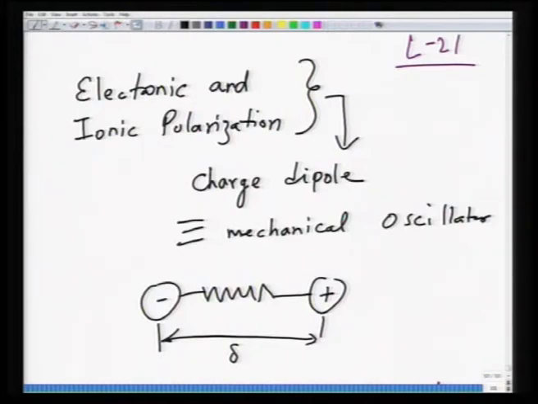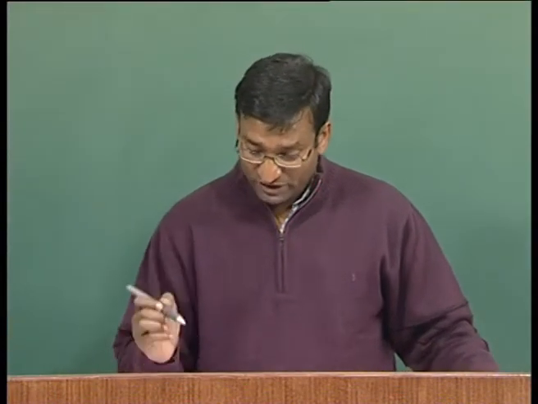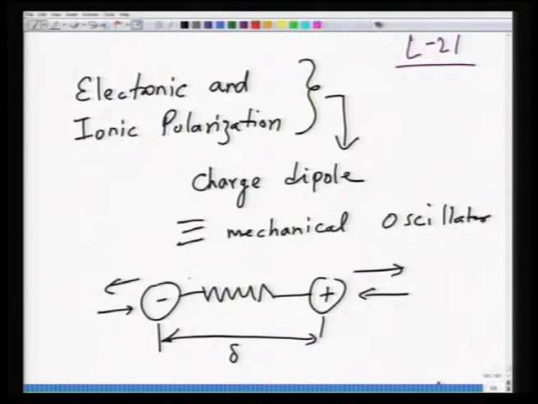So, here the restoring force of the spring, when you pull it apart or when you push it in, depending upon whether you extend or compress, there is a restoring force. So, for the top part you will have a restoring force like this, and for this you will have a restoring force like that, which is nothing but your spring restoring force, and this scales as Kx, where K is the spring constant.